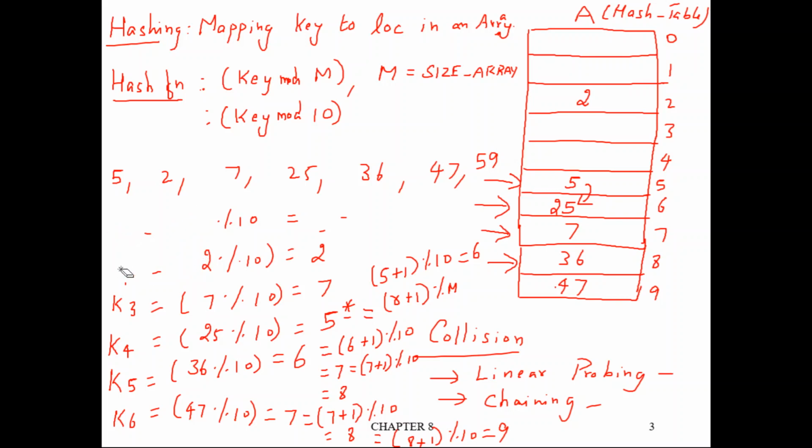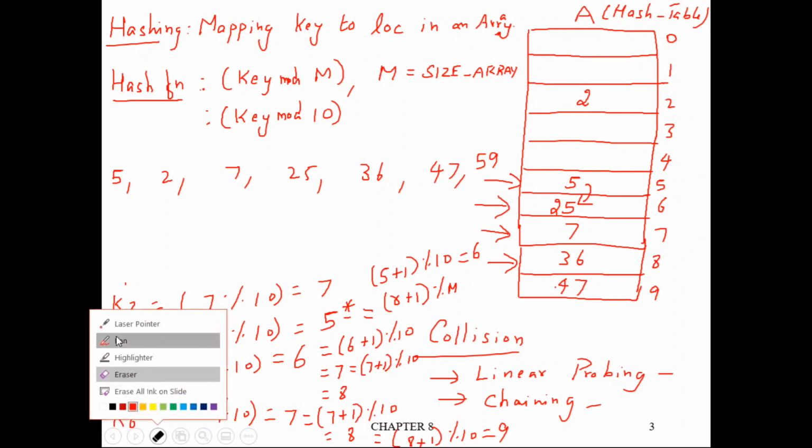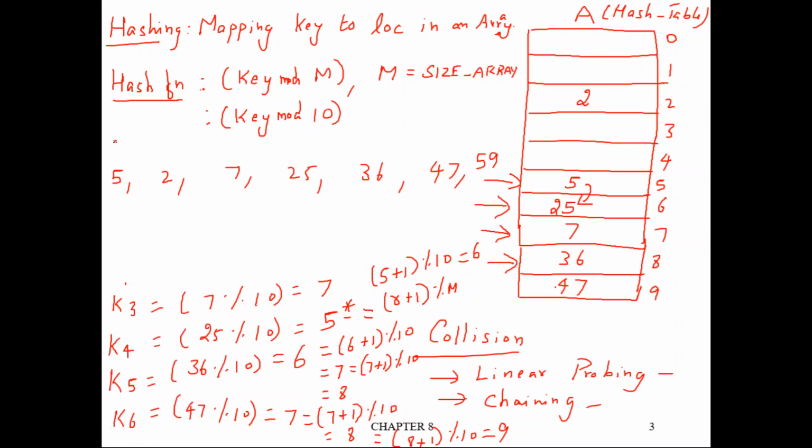So if you map 59, that is the 7th key, you will get 9, but 9 is already occupied. Okay. So I just wanted to show what will happen when it reaches the end of the table. Okay. So this is key 7: 1, 2, 3, 4, 5, 6, 7. So key 7 is what? 59. 59 modulo 10 is what? 9. Okay. But the 9th location is already occupied, there is a collision.